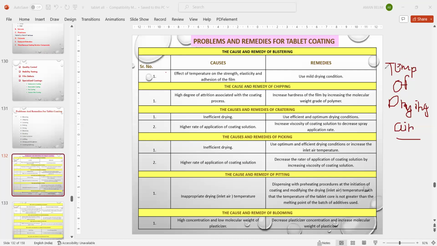We have to reduce the temperature of the drying air. That will solve the roughness problem.